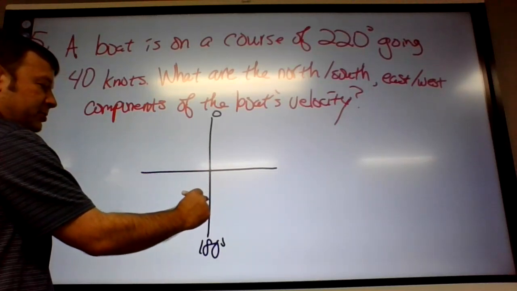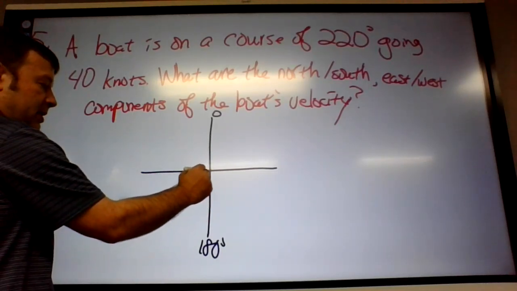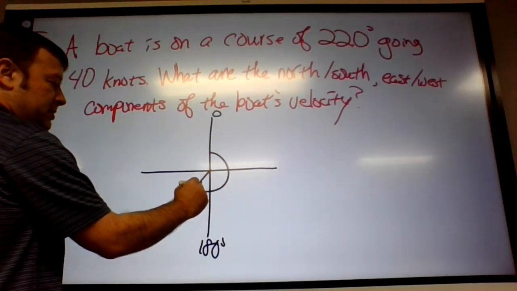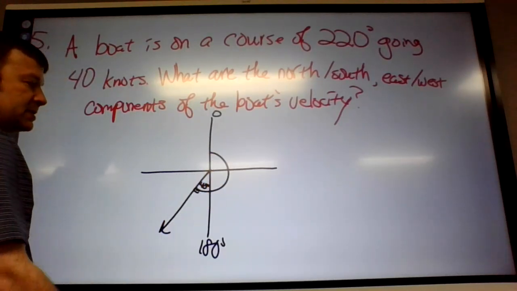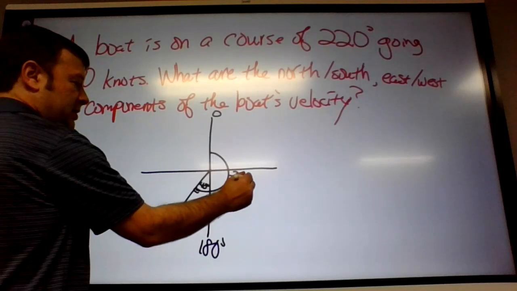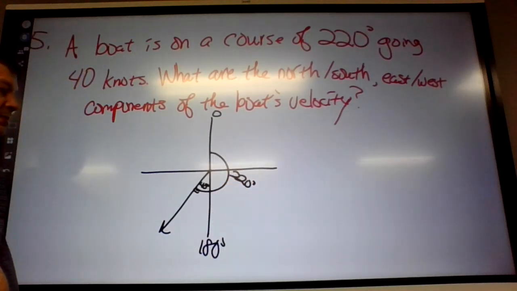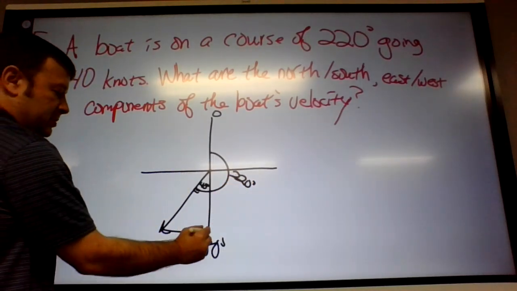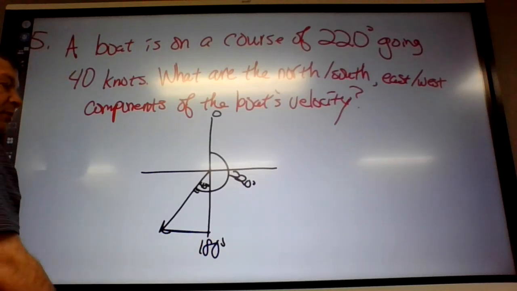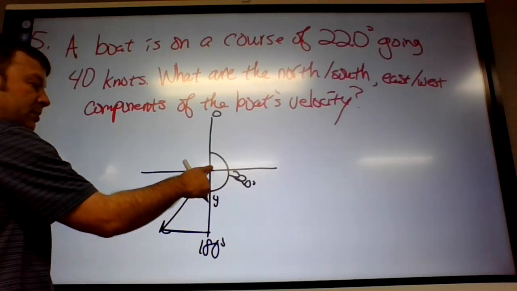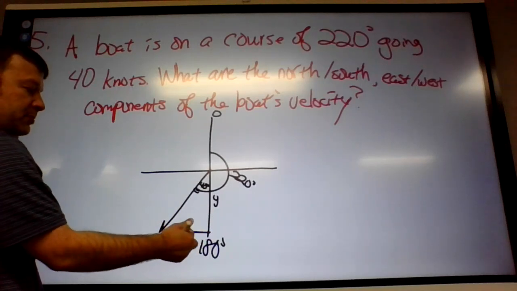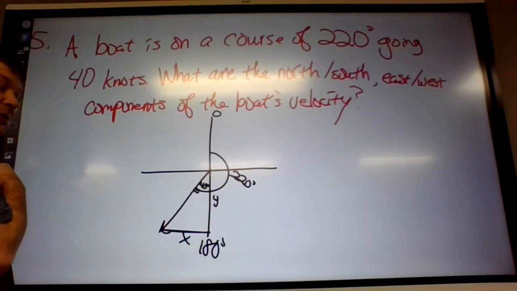So 220 is like 40 degrees past 180. Or you could say this one's 50, but I'll stick with this one. So we're looking for the north-south component, which I'll call the Y, and this will have a south component, not a north, and the east-west component would be like the X component. In this case, it'd be west.